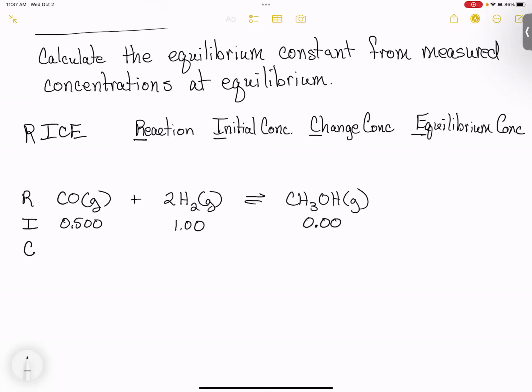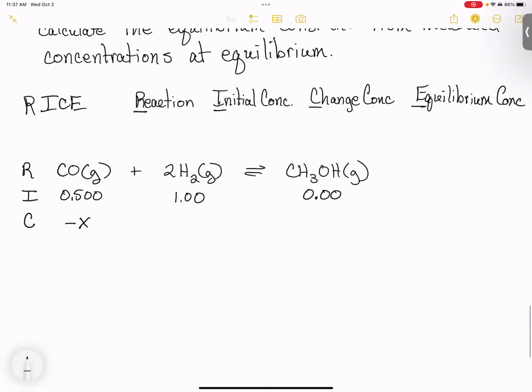According to the balanced chemical equation, you have to lose X amount of carbon monoxide. Or just to make it easier so that you'll see it later, we're going to say 1X amount because there is a 1 as the coefficient. You will lose 2X amount of the hydrogen because of the coefficient. And you will gain 1X amount of the methanol because of the coefficient.